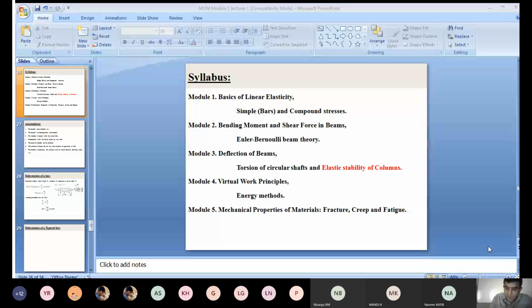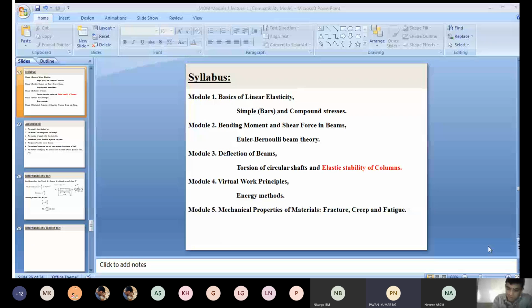Next, Pawan Kumar. Pradeep K. Yeah, both of you. Give me an example for bars. Mechanical members.